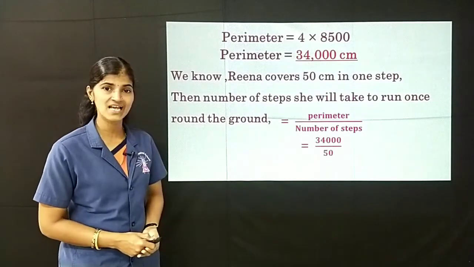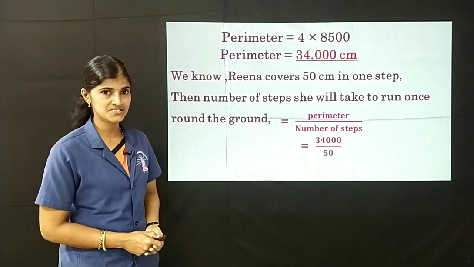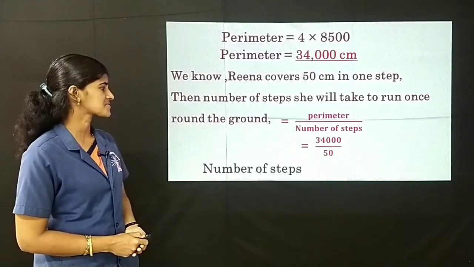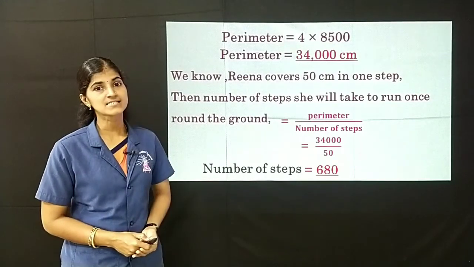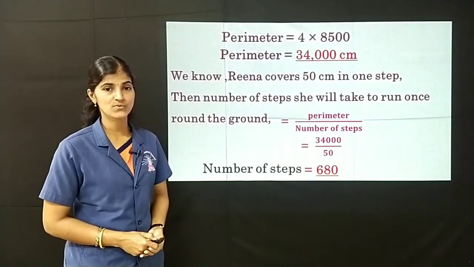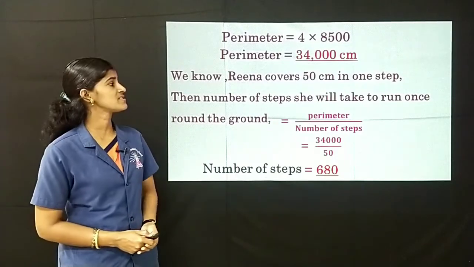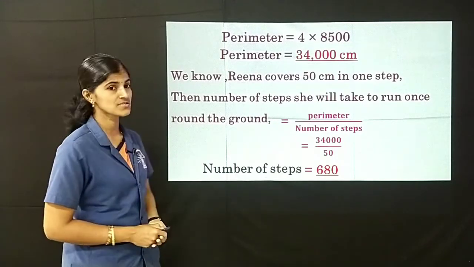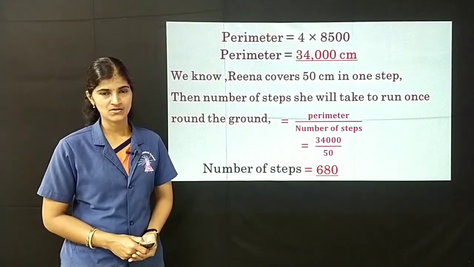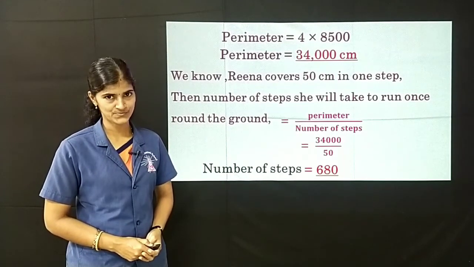So we know the perimeter value, 34,000, and she covers 50 in each step. Then the total number of steps she takes to go one round of the square garden is 680. So the number of steps she will take to run once round the ground is 680 steps. Okay, I hope the idea of perimeter is clear to you.